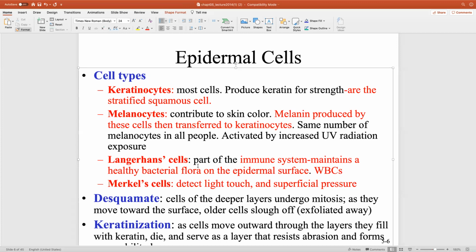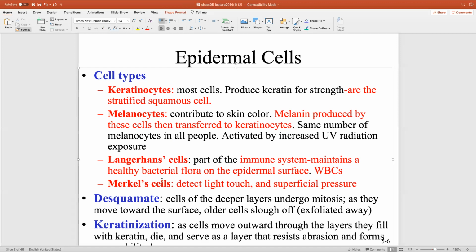It's still a pretty common bug, but in some people the flesh-eating bacterium somehow overwhelms the Langerhans cells. And then it starts becoming necrotic tissue, and God forbid, sometimes they have to even amputate. So the Langerhans cells are white blood cells. The main job is to make sure that you're keeping a healthy, normal bacterial flora, so then the non-healthy, dangerous bacterium have no room to seed on your skin.